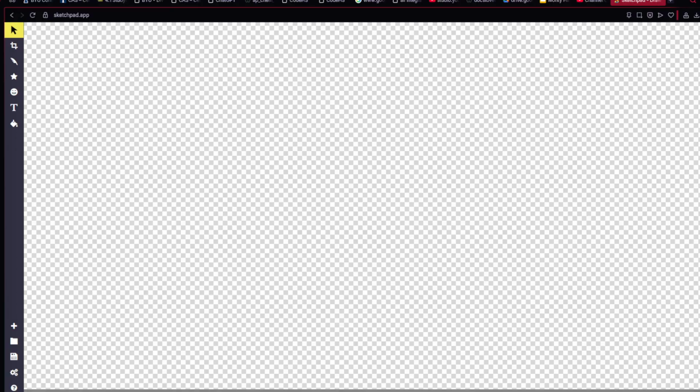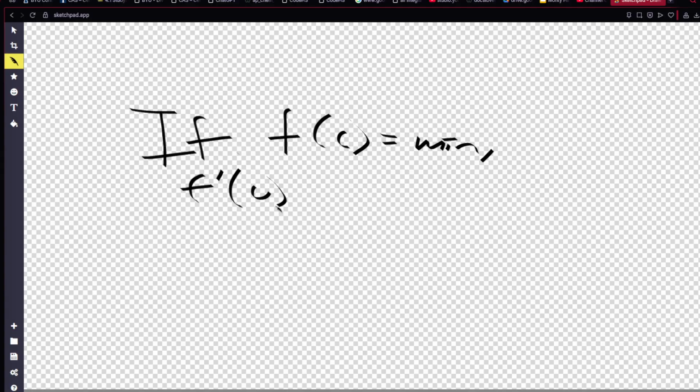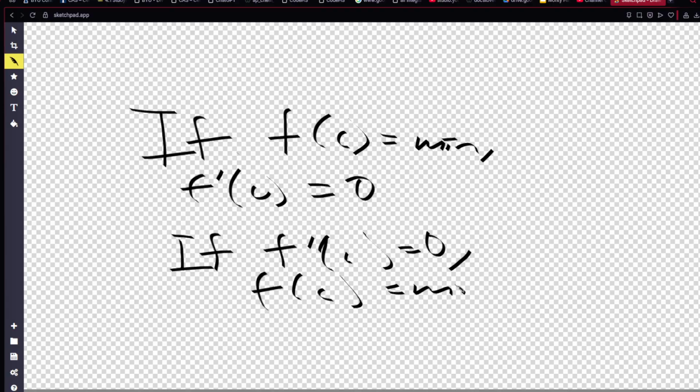So now we get to another idea. Think about it logically this way, and I know it doesn't hold for everything. If f of c equals a min and f prime of c equals 0, is it not logical to assume that if f prime equals 0, then f of c equals a min or max?